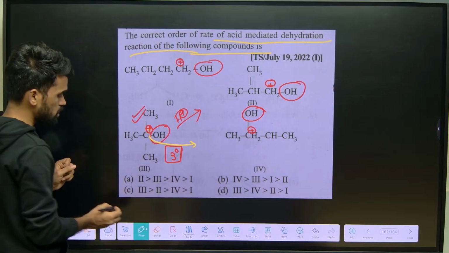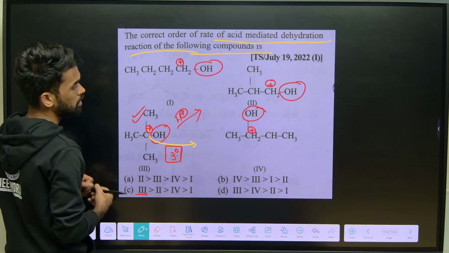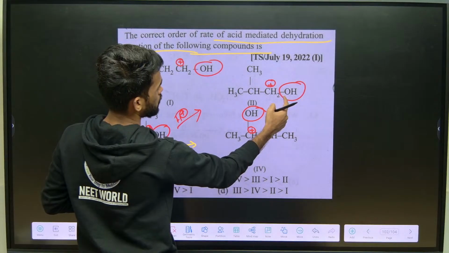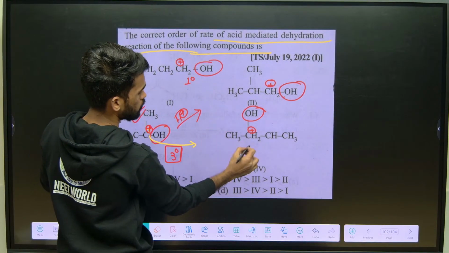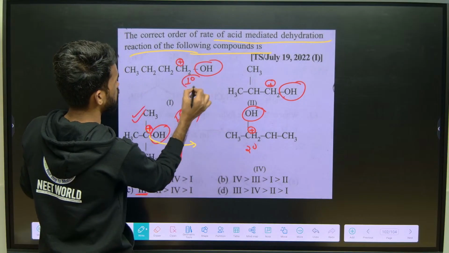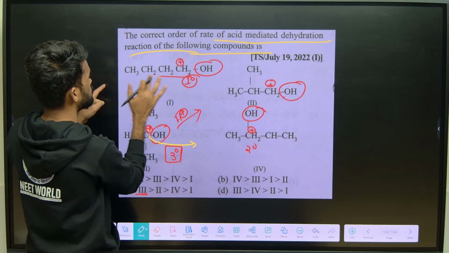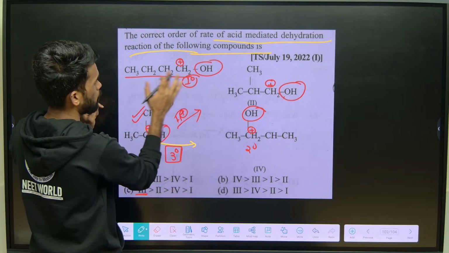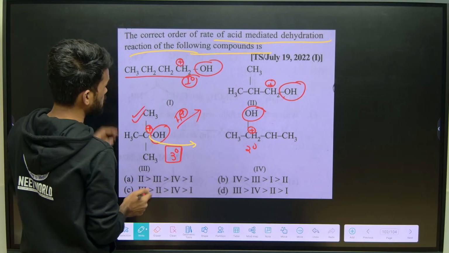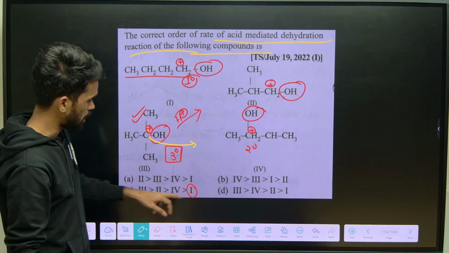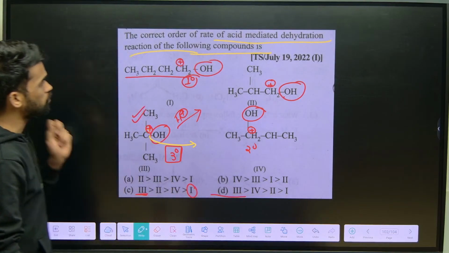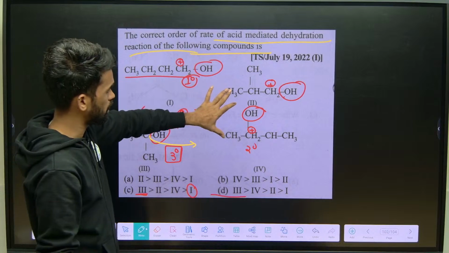So 3 is more reactive. After 3, you are going to get a primary here, and here you are going to get a secondary. If this is a primary, it is the least stable because it is n-butyl. So 1 will be the least. And after this we have these 2 now.